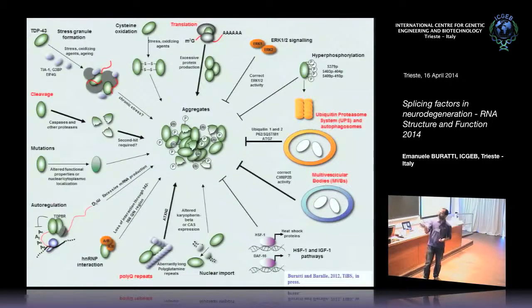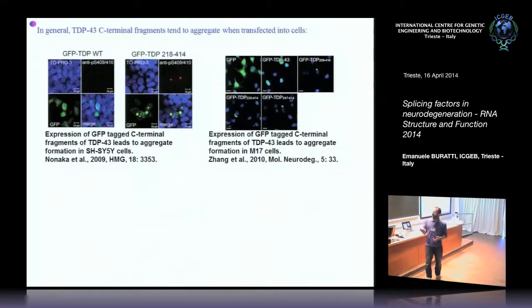Whenever some of these factors become dysfunctional, Tdp-43 will tend to aggregate either in the nucleus or in the cytoplasm. Now, as I said, there are many ways that you can induce Tdp-43 aggregation. But the problem until 2 or 3 years ago was that they were not very reproducible.